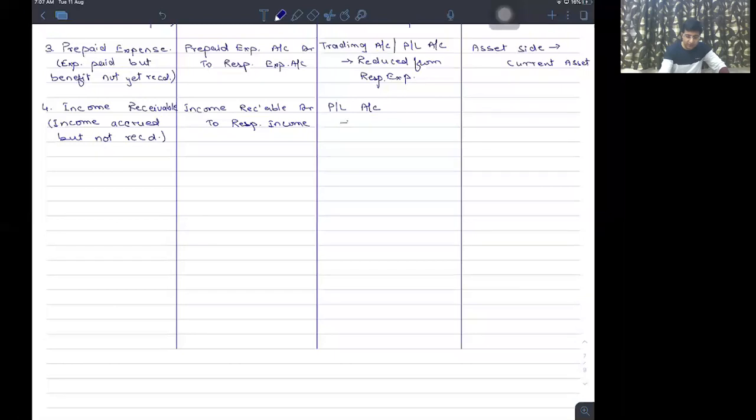We'll be showing what? Added to respective income, whereas it will be appearing at the same time in the balance sheet onto the asset side as a current asset. I hope you are understanding the points well.